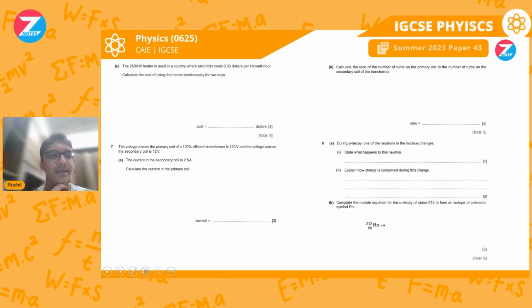Part C says that the 2500-watt heater is used in a country where electricity costs $0.3 per kilowatt hour. Calculate the cost of using the heater continuously for 2 days. So basically, what's 1 kilowatt hour? A kilowatt hour is a unit of energy. Converting it into joules, we know that energy is equal to power × time.